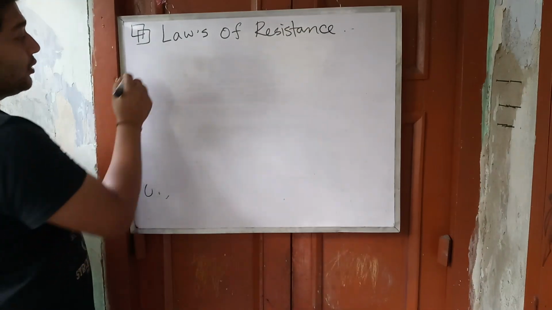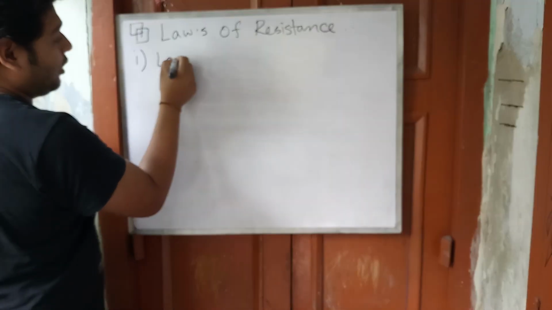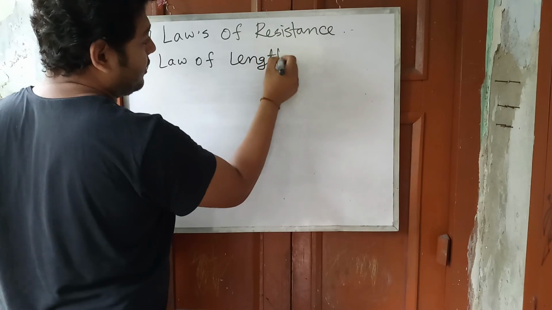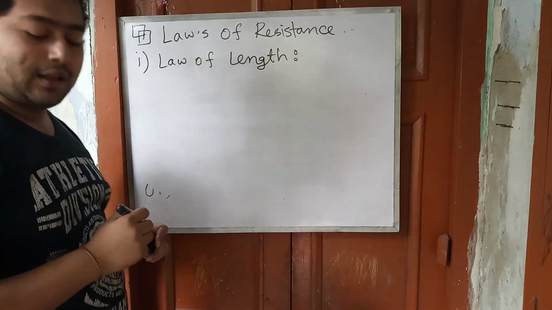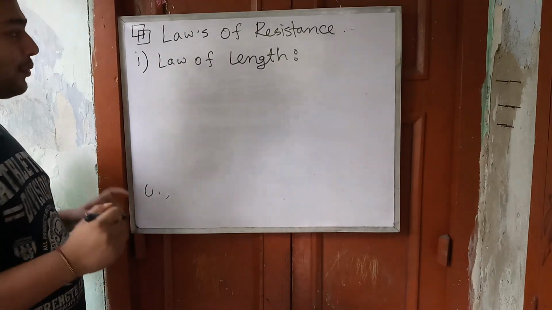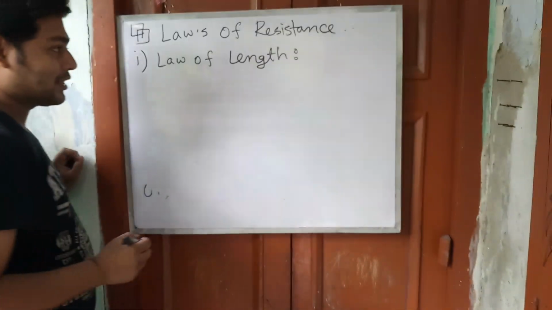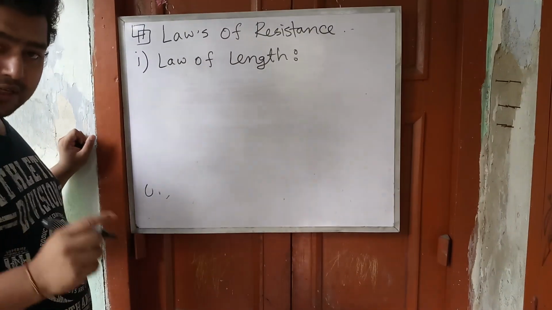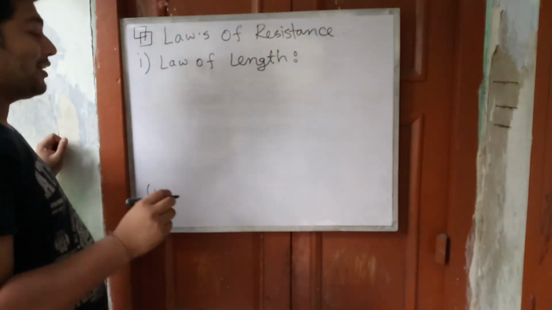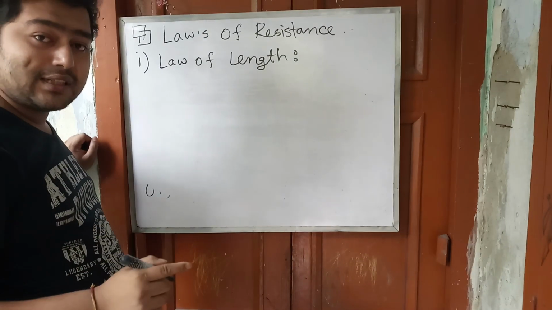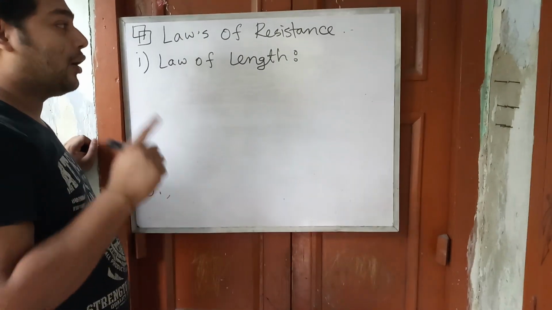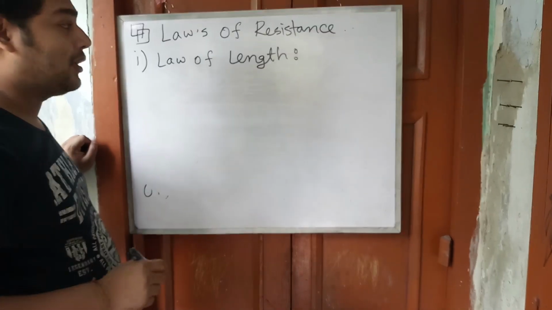At constant temperature and constant cross-sectional area, the resistance is directly proportional to the length of the conductor or length of the wire.